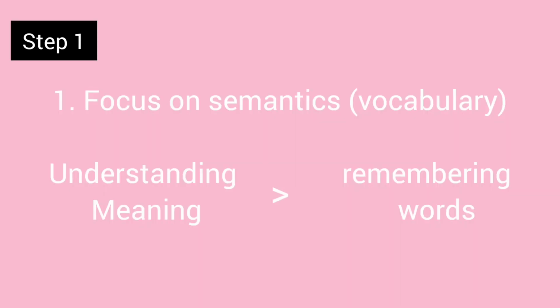Vocabulary in speech language pathology terms is called semantics. So semantics is understanding the meaning of a word. So first teach your children a lot of words. They may already know the words for nouns and verbs and animal names, plant names, vehicle names, which you are teaching through books and flashcards.